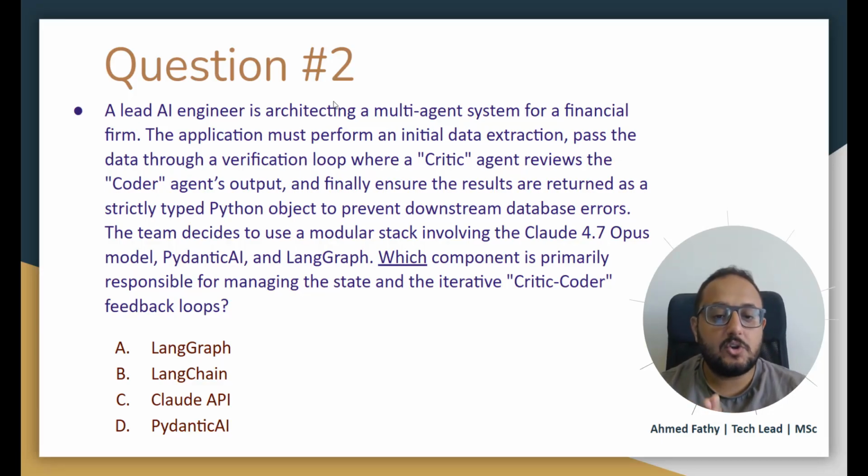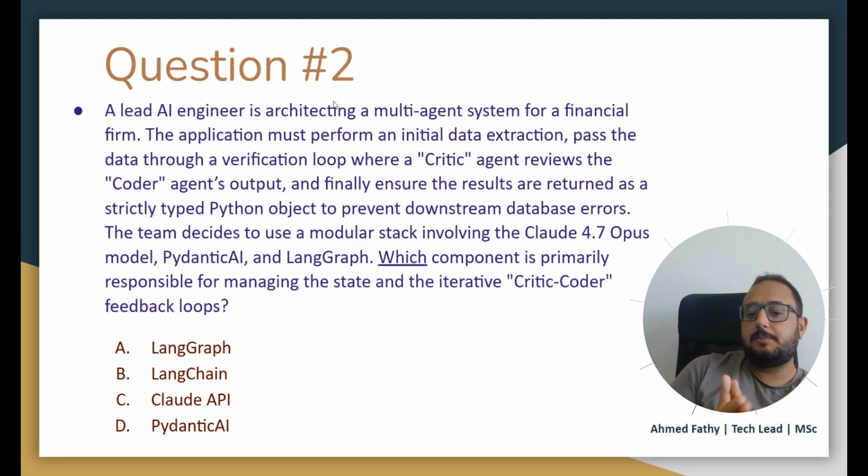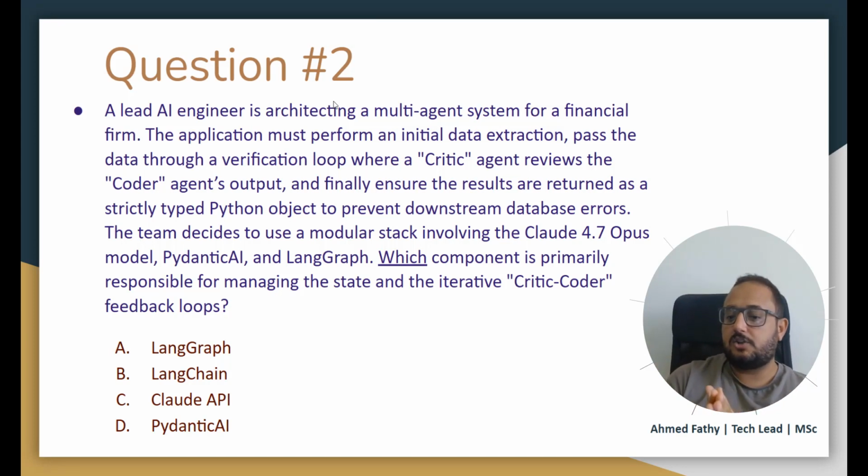Okay, now question number 2. A lead AI engineer is architecting a multi-agent system for a financial firm. The application must perform an initial data extraction, pass the data through a verification loop where a critic agent reviews the coder agent's output, and finally ensure that the results are returned as a strictly typed Python object to prevent downstream database errors.